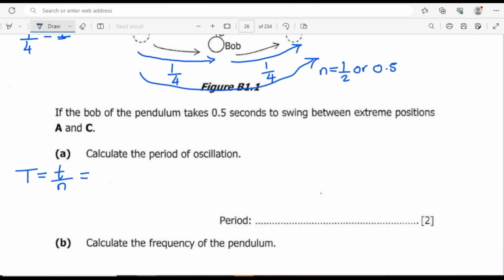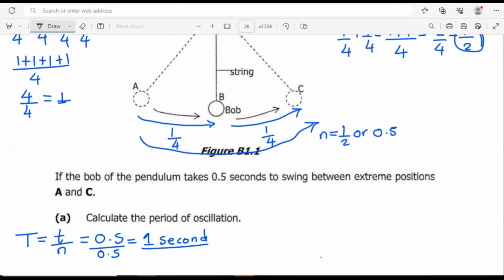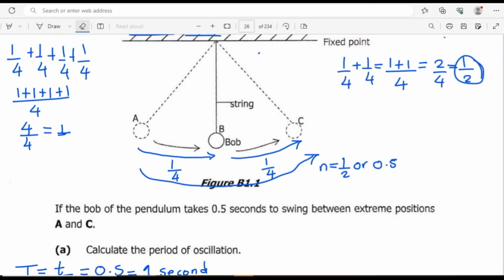So we can say T is equal to 0.5 seconds over N, which is also 0.5. 0.5 divided by 0.5 is just 1 second. This means that for one complete oscillation to be produced, 1 second elapsed.